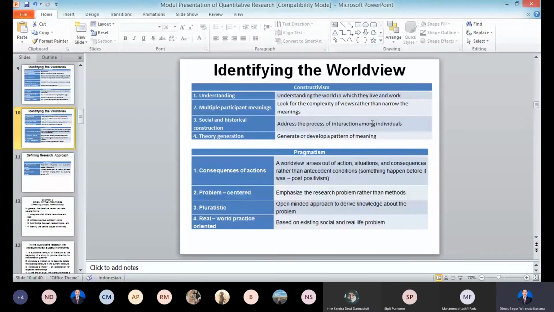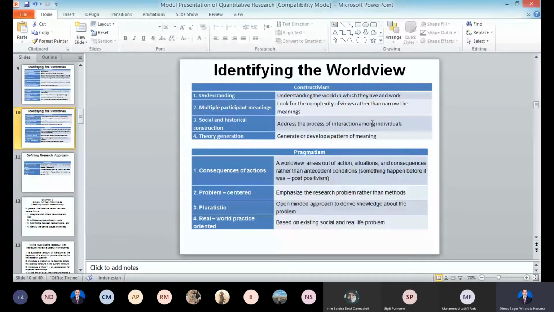You are pragmatic. Pragmatic means you don't want to be too idealistic or have a movement, but you just want to know the situation inside there. But you are problem centered. So you focus on the problem, not the method.